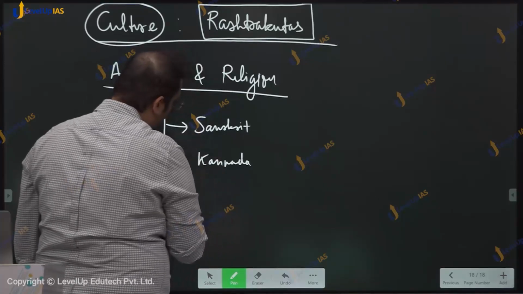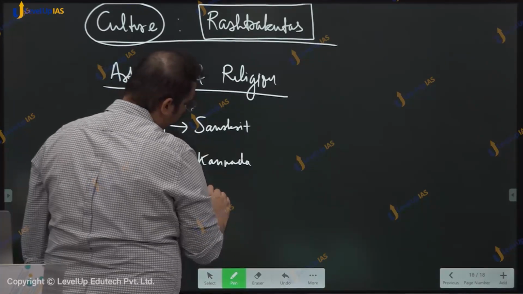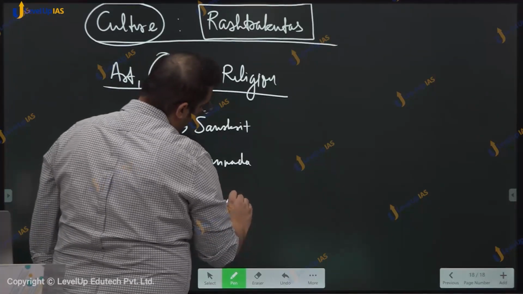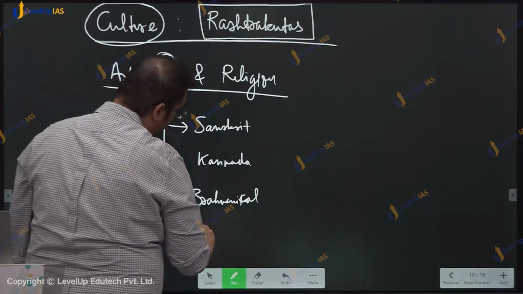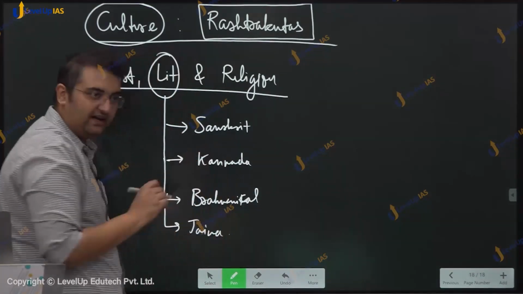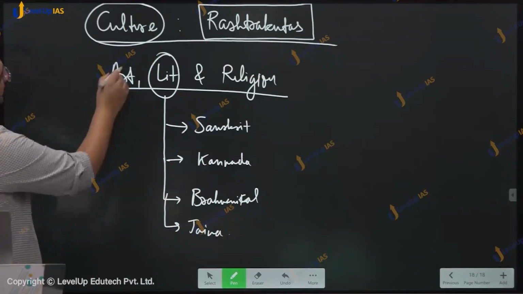We see the growth of Brahmanical literature also and the growth of Jaina literature also. ठीक है?